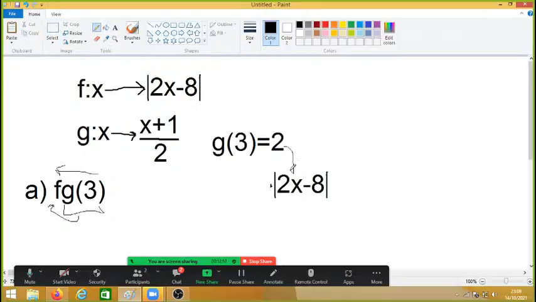So the 2 will go here. So that's 2 times 2, that makes 4. Take away 8. 4 take away 8 is minus 4. So I'll have minus 4 on the inside here. And these two lines around it just mean modulus, that negatives will get erased. So this will just equal 4.